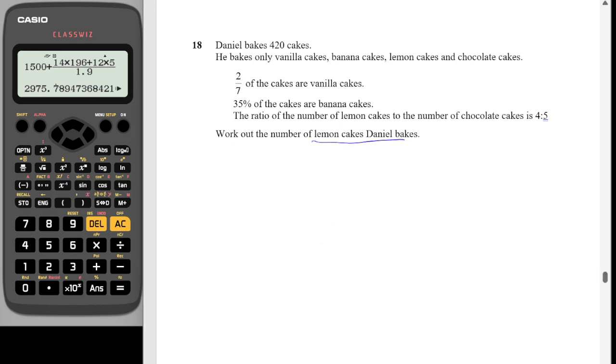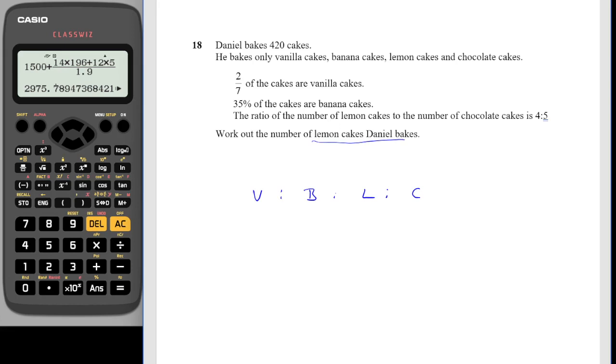Okay, so I'm going to set this up using the ratios for now. I'm going to kind of combine the ratios though. So we've got vanilla, banana, lemon, chocolate. So 4 categories, I believe. So let's just double check. 1, 2, 3, 4.